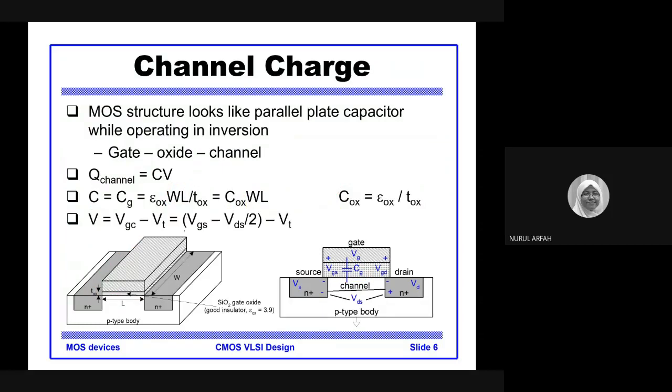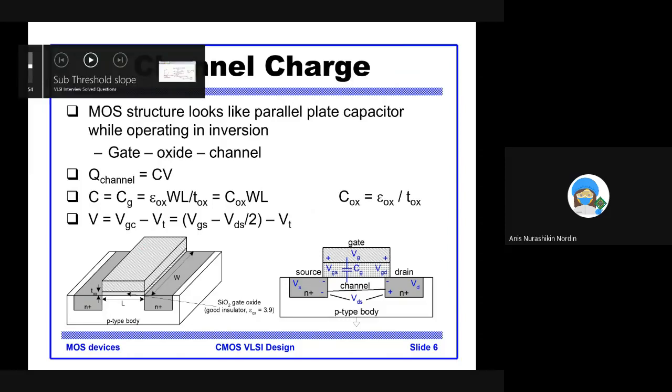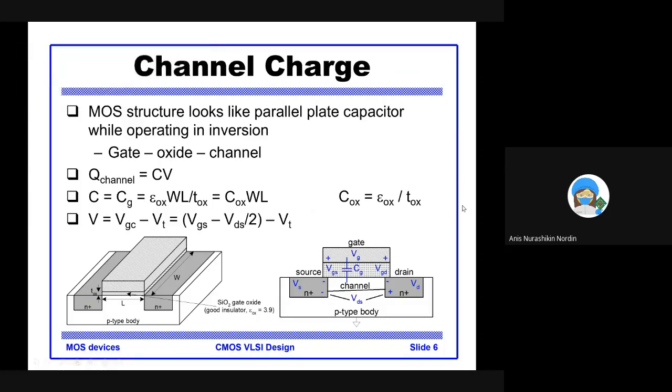And then next, the voltage can also be found from the... Okay, one moment, Dr. Arfa. C gate is the capacitance between the gate and the channel, and this is important to isolate the gate and make sure that the current in the gate does not go to the channel.